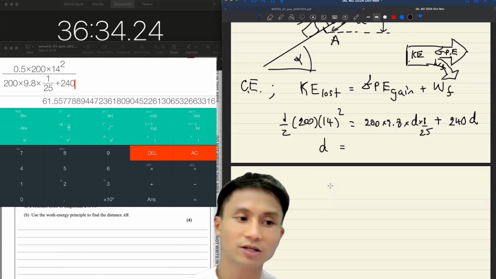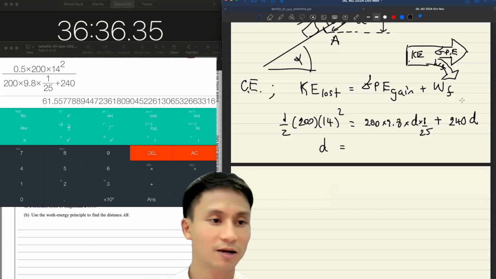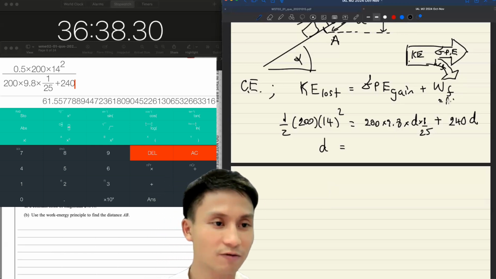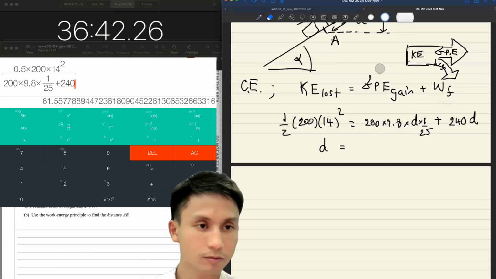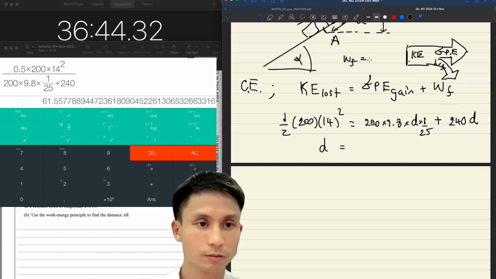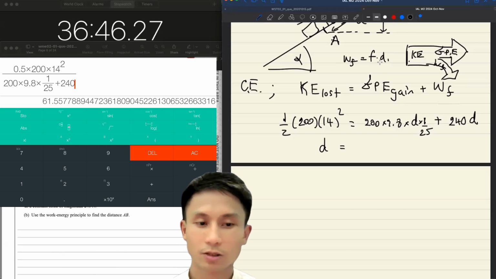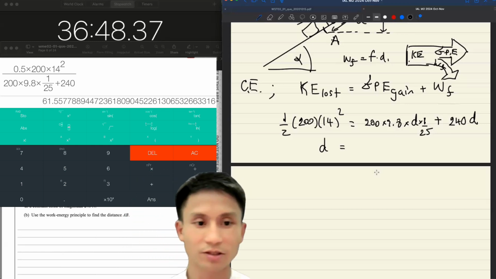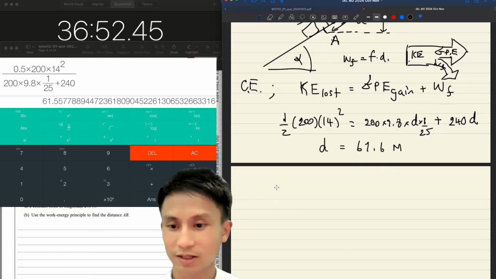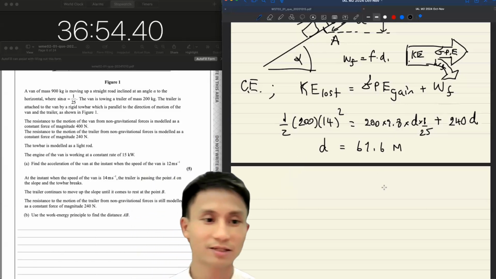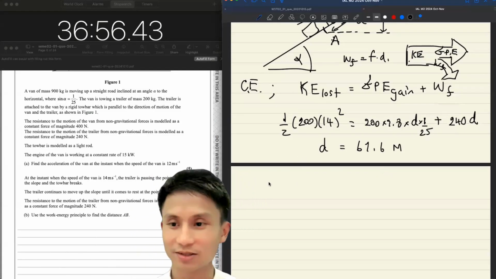That's the work done against friction. It's just F times d, yeah? I forgot to mention that. So this is F times d, right? So that's already the answer. So d is 61.6 meters, right? So that's it. 61.6 meters is the answer.